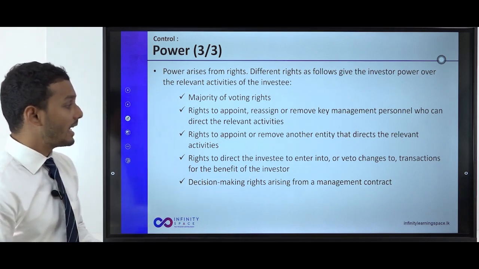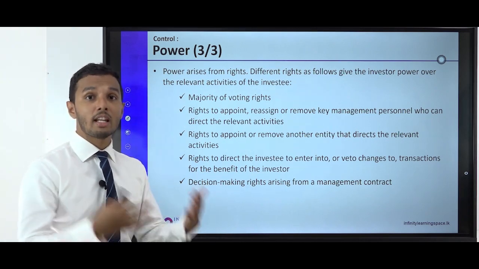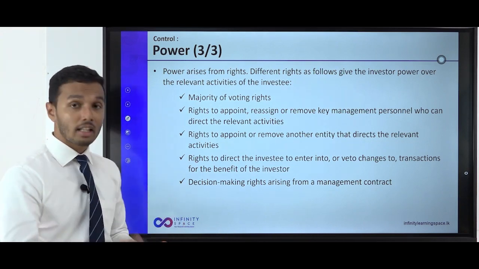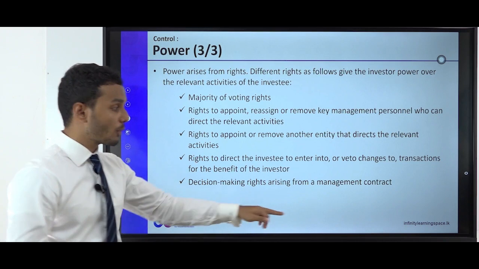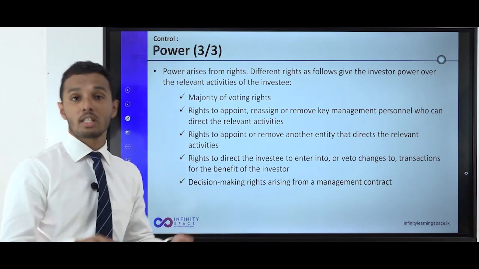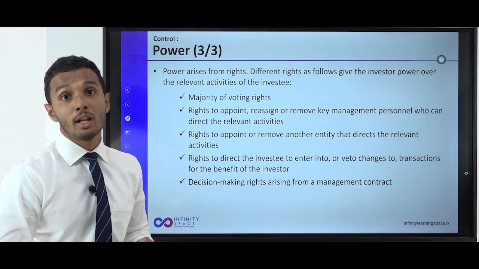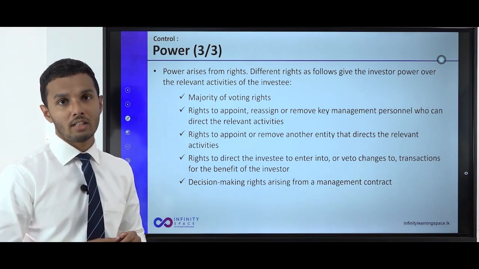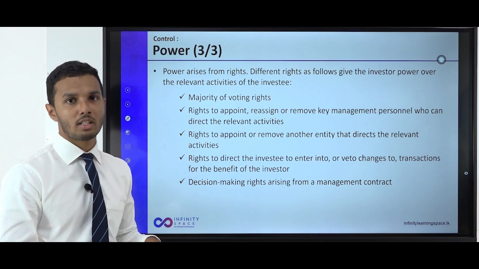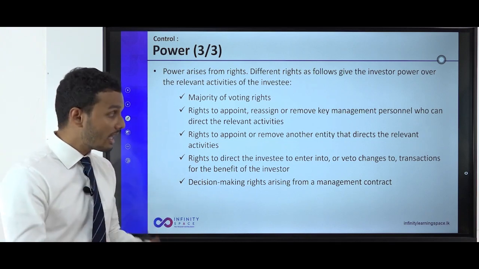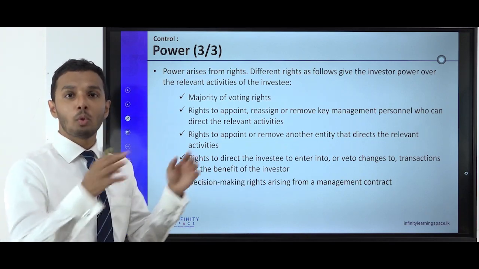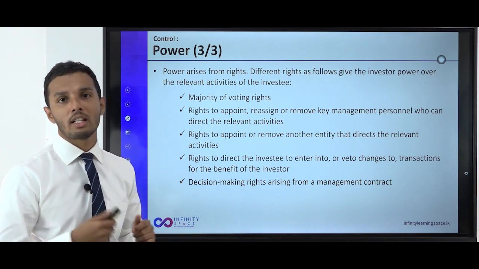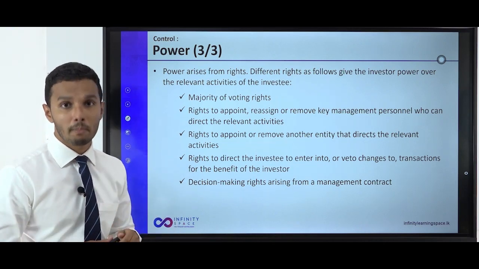Now for example, in a situation where you have less than 50% of the voting power, you can still direct the relevant activities, because through a management contract with the other shareholders or with the company, you have the final say in the relevant activities. You have less than 50% of the voting power, but still through a management contract, you are put in charge of making all the decisions related to relevant activities, thus giving you power.